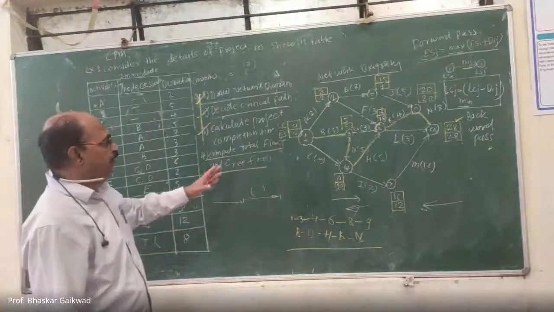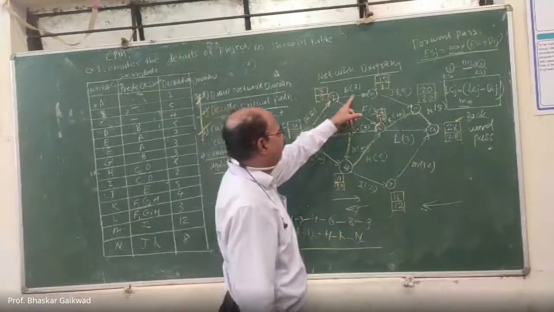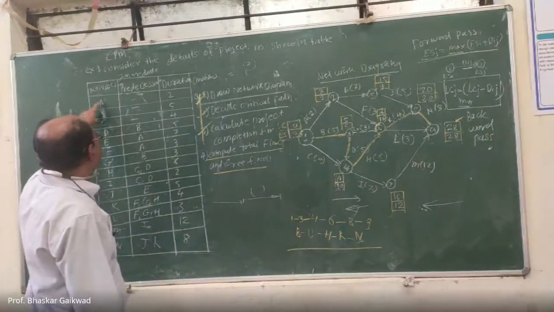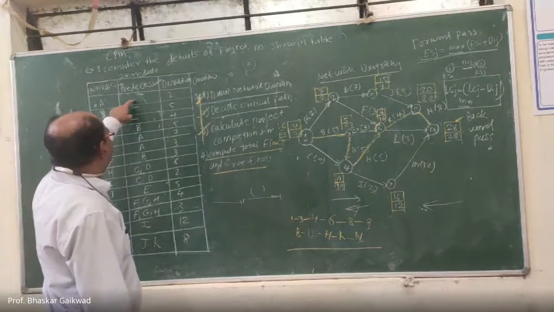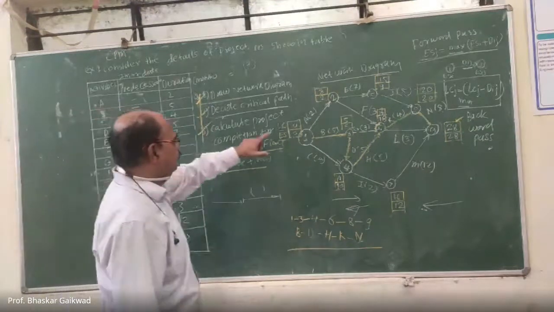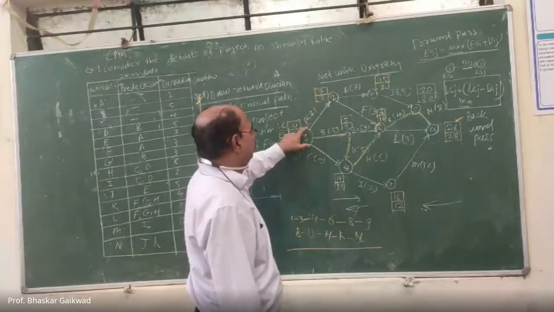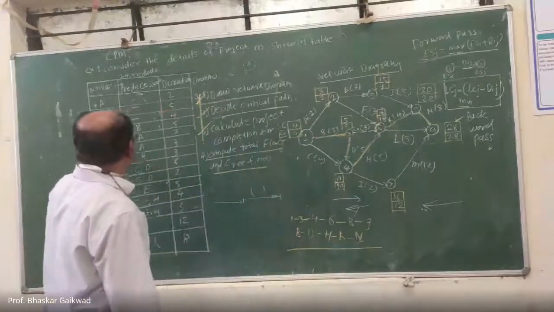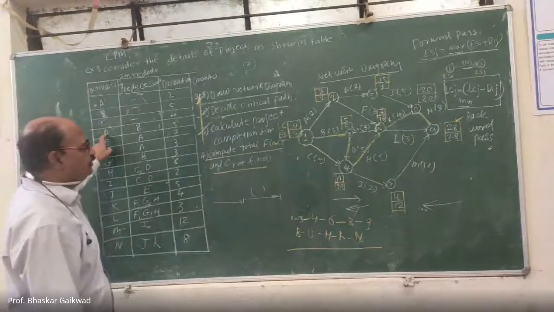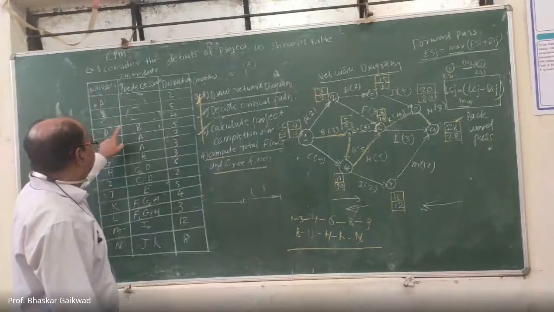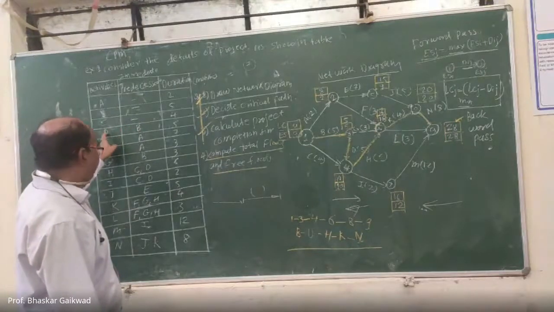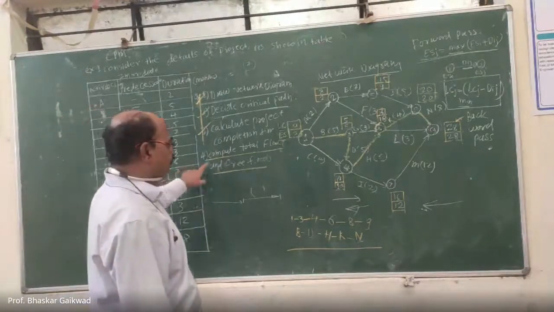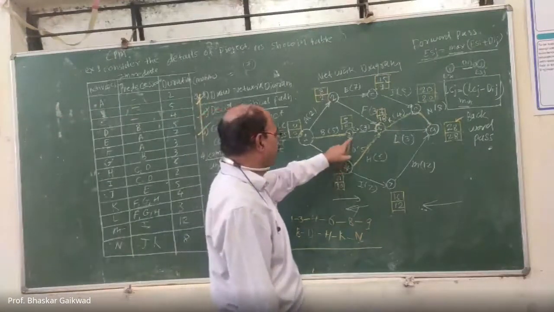Here the number of nodes, starting from the first node: A, B, C. So this will start from node number 1. After that, D. How can we start D? D will start from B, but D will end at C. So C and D are at one position, so you can draw D here.